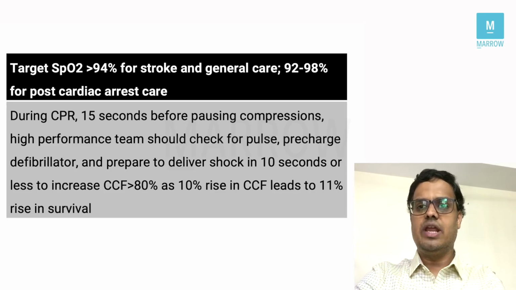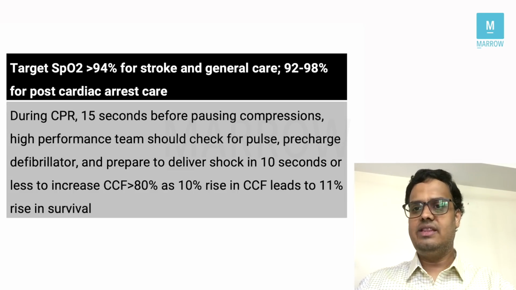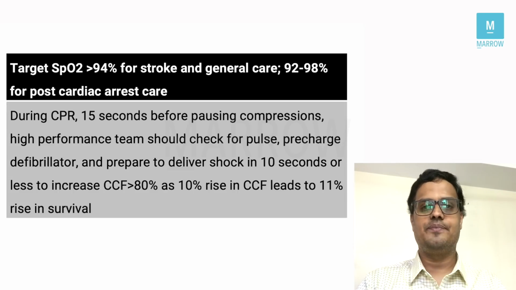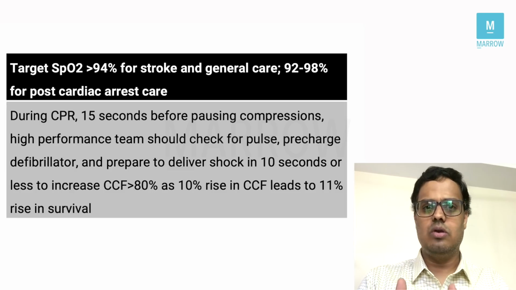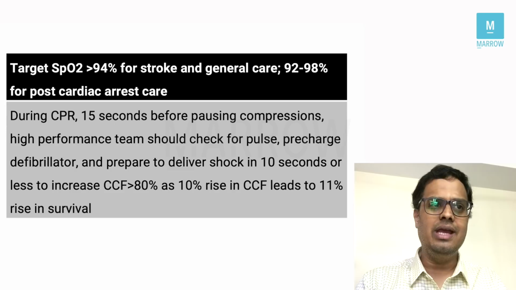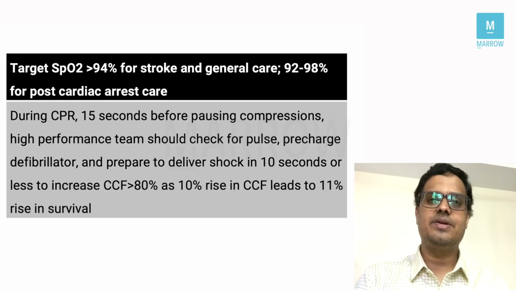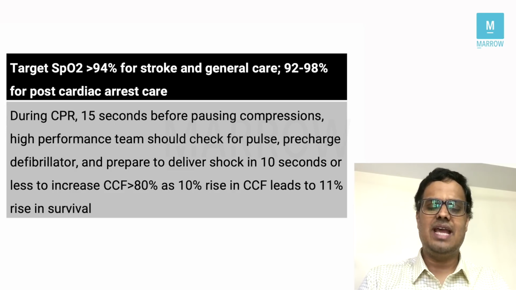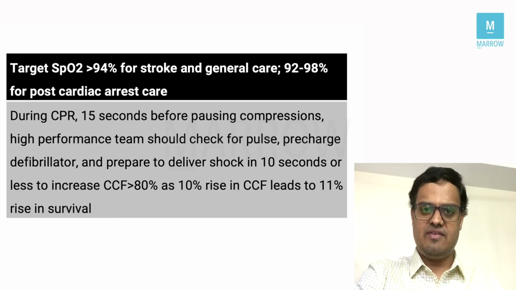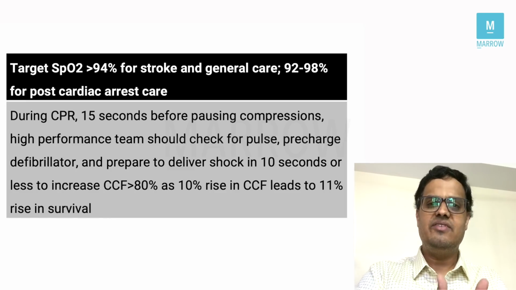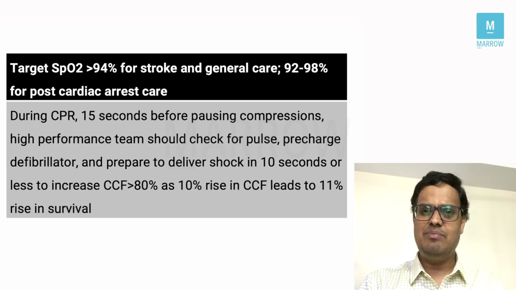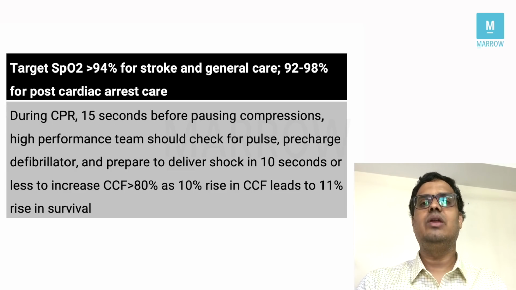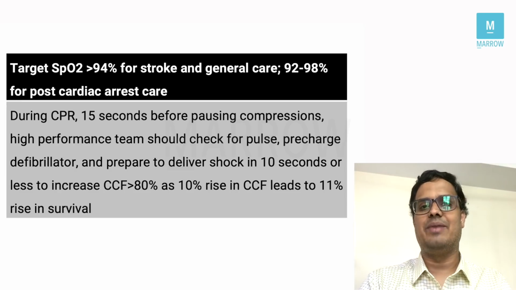The moment you remove your hands from the chest, within 10 seconds I need to give the shock. All of this is done to increase the chest compression fraction. Most of the time we might be doing an effective CPR, but if you give some amount of gap, there can be chances that the patient will go into hypoxic brain damage.